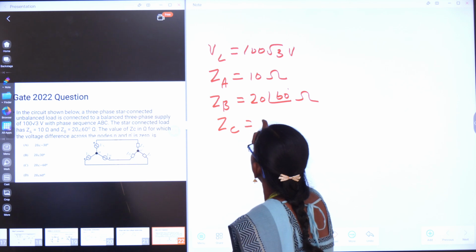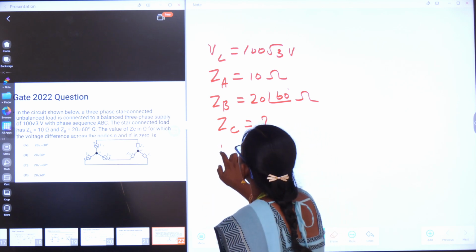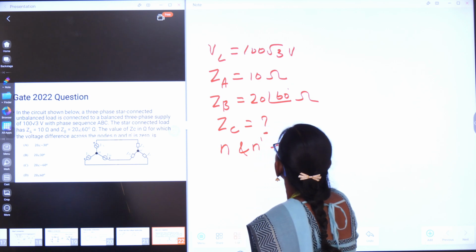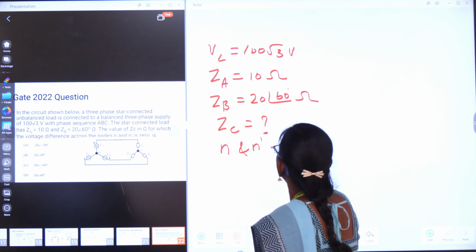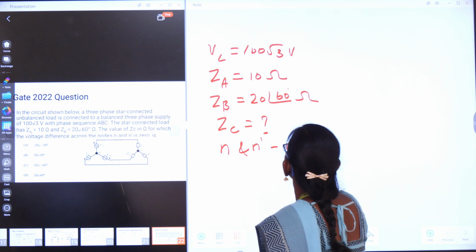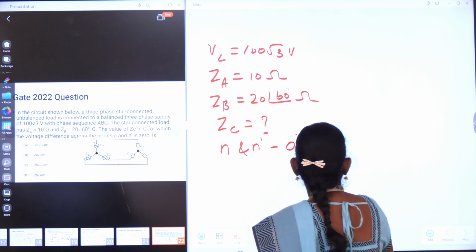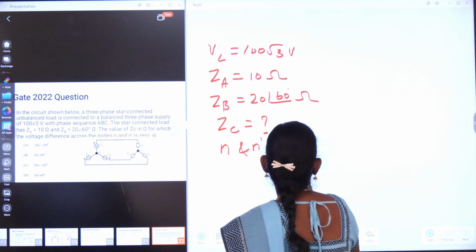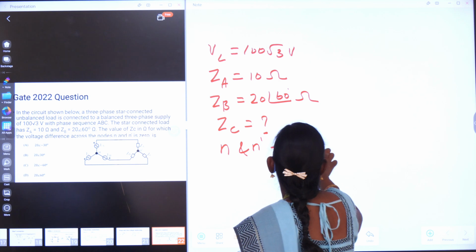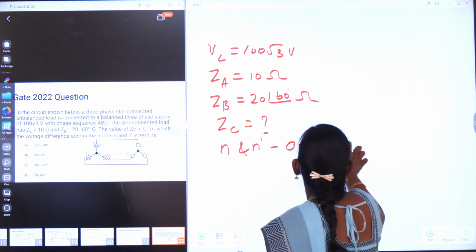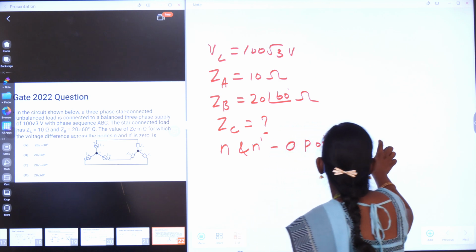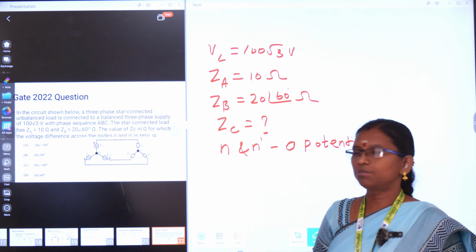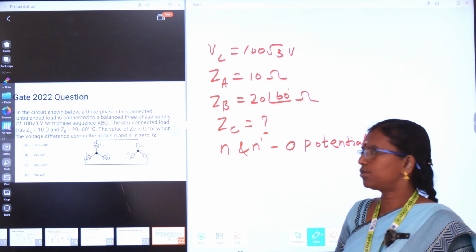ZC is what the question asks for, and one more thing is given: N and N dash have zero potential difference, meaning N and N dash are at the same potential.